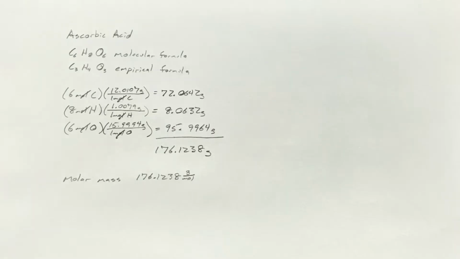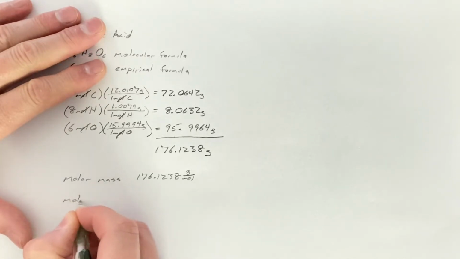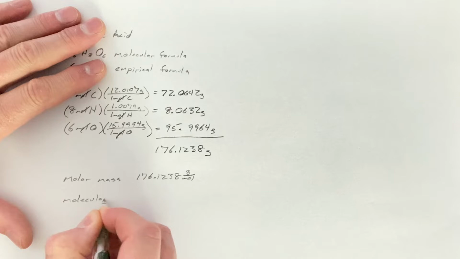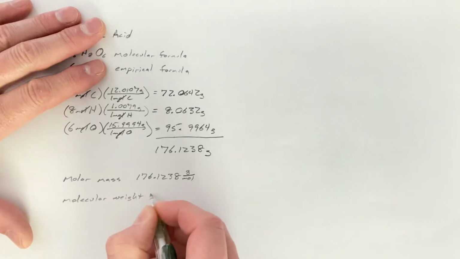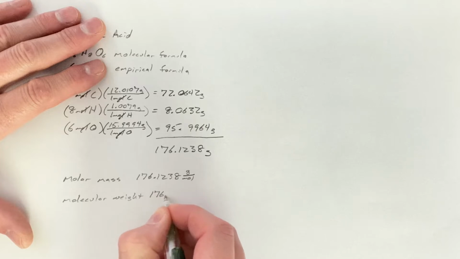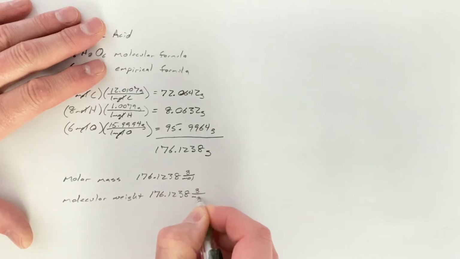But ascorbic acid is a molecule, so I can also say that 1 mole of ascorbic acid has a weight of 176.1238 grams, or put differently, the molecular weight of ascorbic acid is 176.1238 grams per mole.